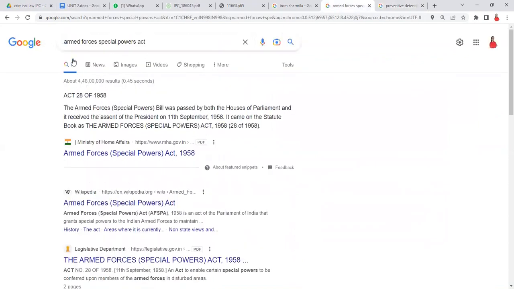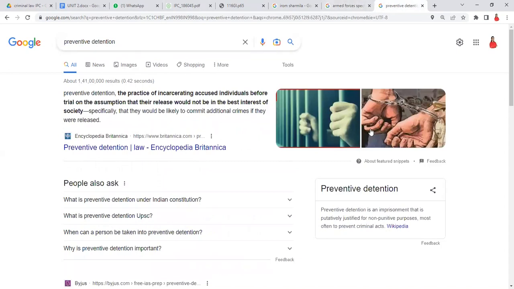That's nothing but preventive detention. So there is one legislation called the Armed Forces Special Powers Act, which is applicable in some of the northeastern states, including Manipur. Under this, armed forces are given the special power that you can detain a person if you feel this person might commit a crime. Only on the basis of that suspicion you can arrest a person.